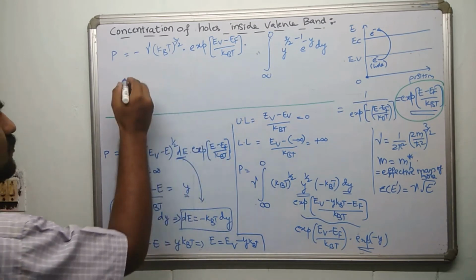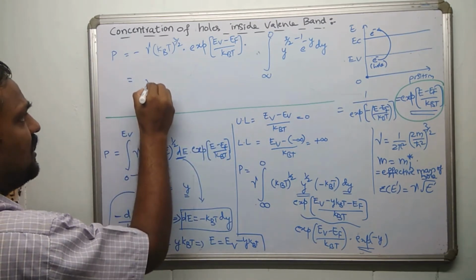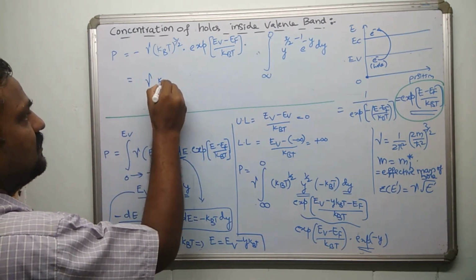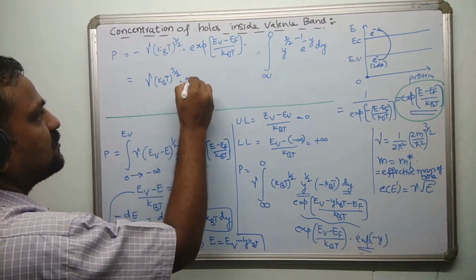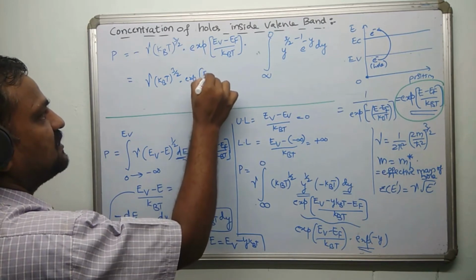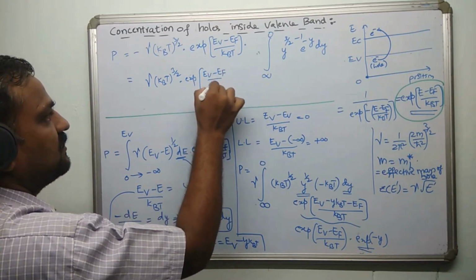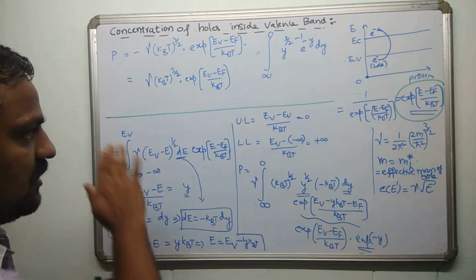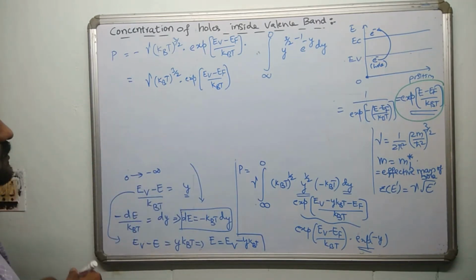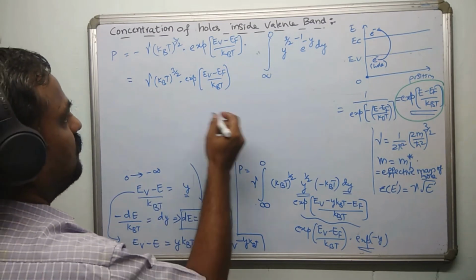So after doing that, what I can get is gamma times (kBT) power 3 by 2, this is a constant, into exponential of (EV minus EF) by kBT, this is another constant, into, let me erase this lower portion, this term multiplied by the integral.